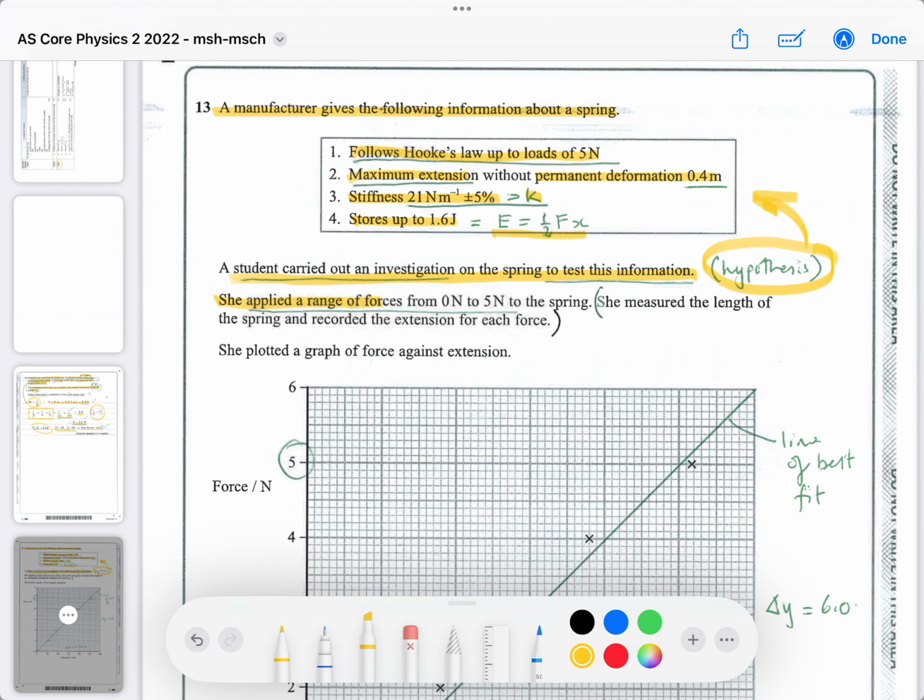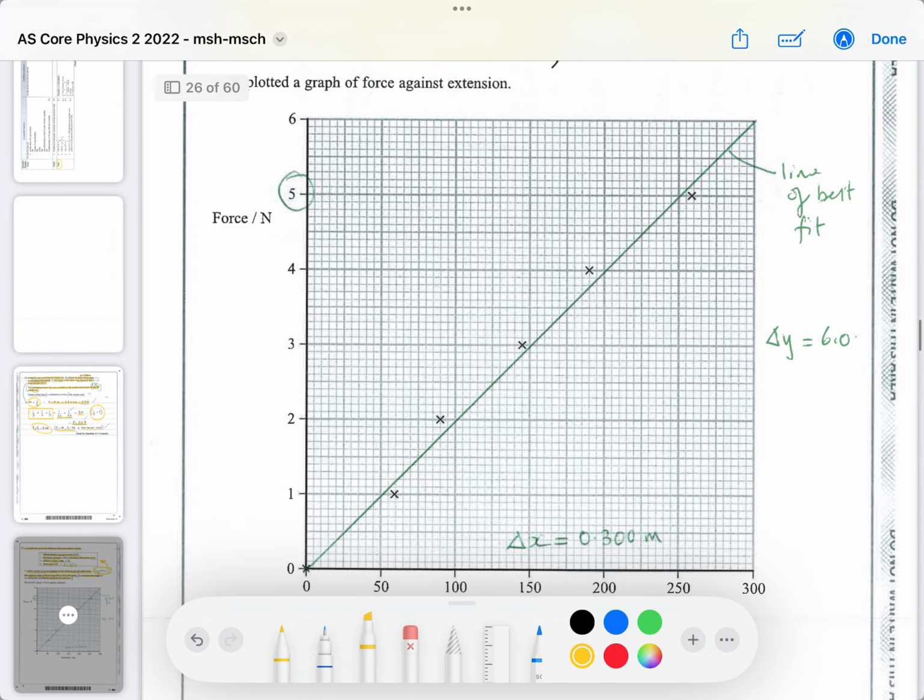So she applied a range of forces from 0 to 5 newtons, and then measured the length and calculated the extension for each force, plotted the force against extension, and I've drawn the line of best fit because we're going to use it to work out the gradient and the stiffness. I extend the line beyond the measuring points, because the gradient is the same.